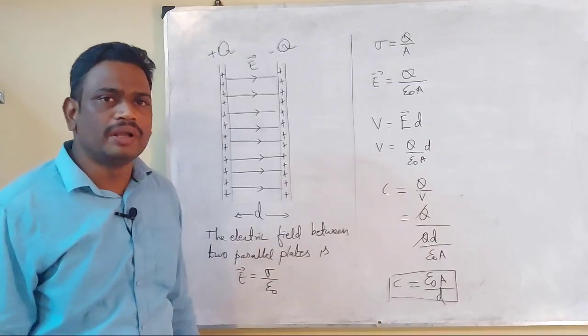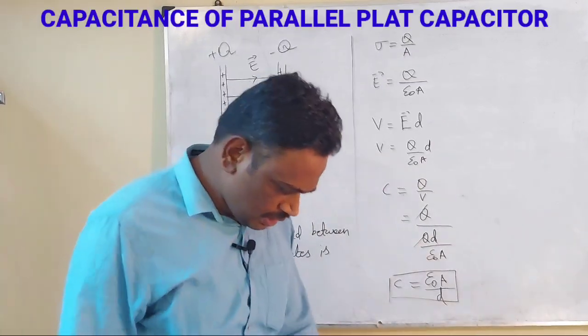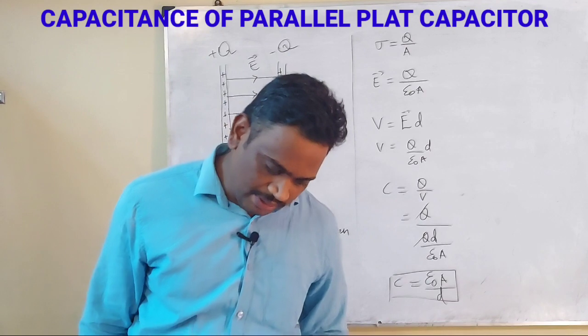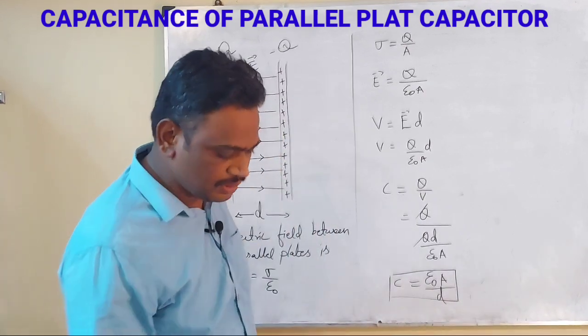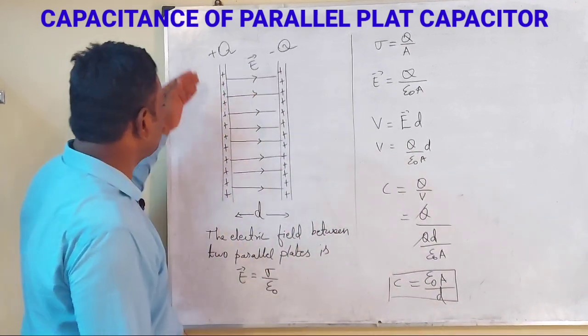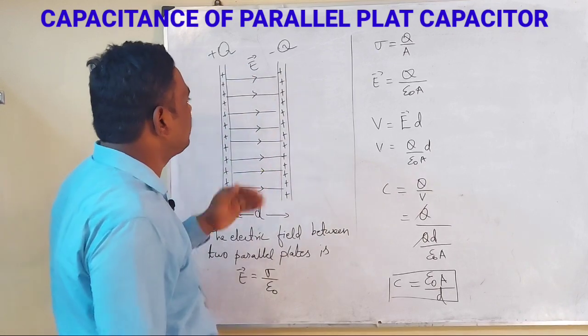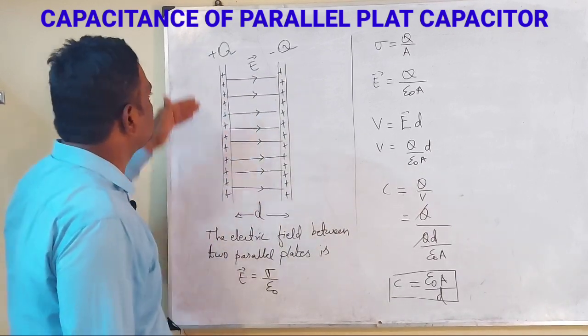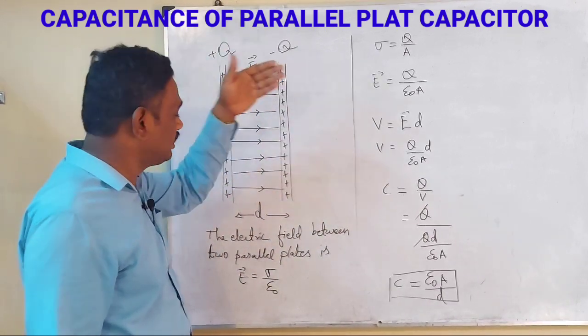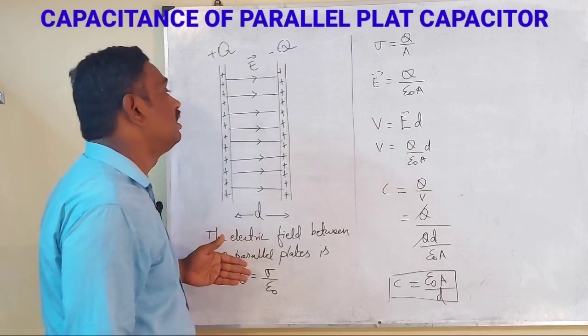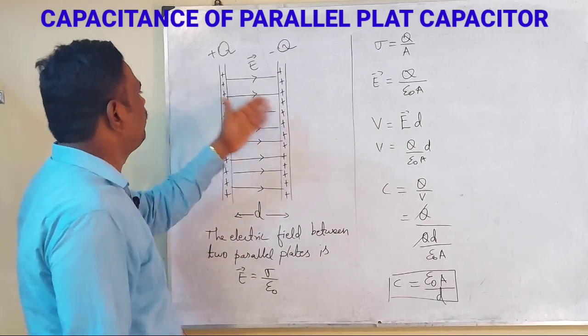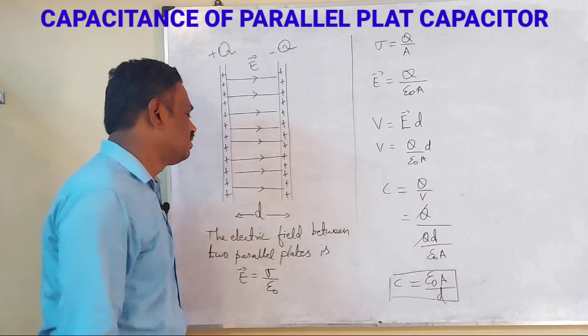Okay. Next I move on to the capacitance of a parallel plate capacitor. Let us consider two parallel plates having the charge plus q and minus q, separated by a distance d, where E is the electric field between the two parallel plates.